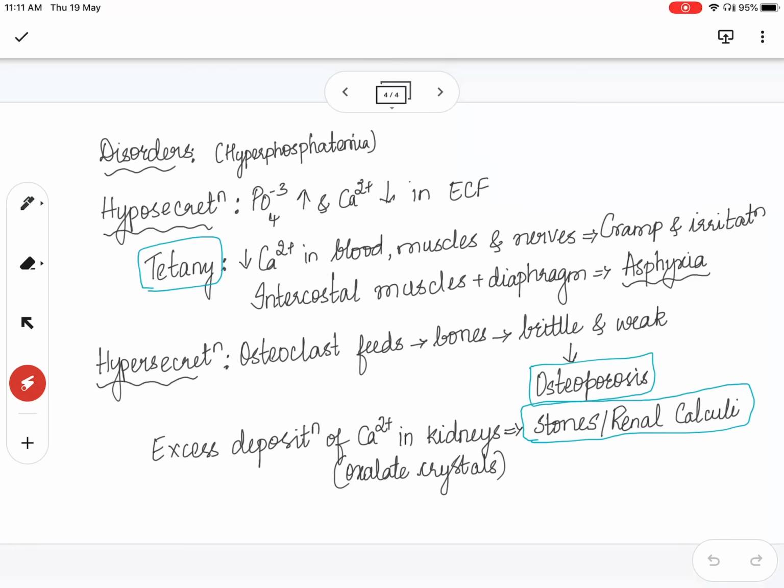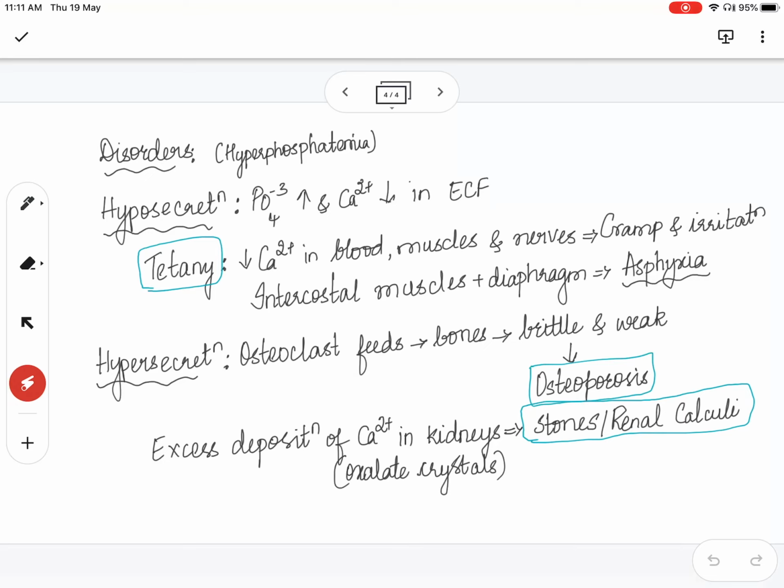So this is what happens when there is low or deficient calcium in the blood. Sometimes, because the level of calcium is low in the blood, even the voluntary muscles will remain contracted for a long time, and that condition is known as what? Tetany. Also, if this tetany happens in the intercostal muscles and diaphragm, where are these intercostal muscles?